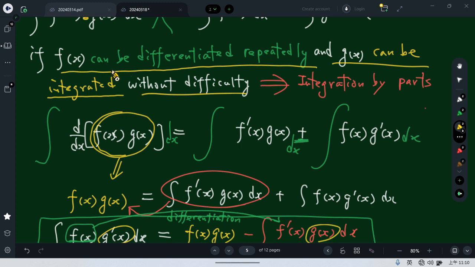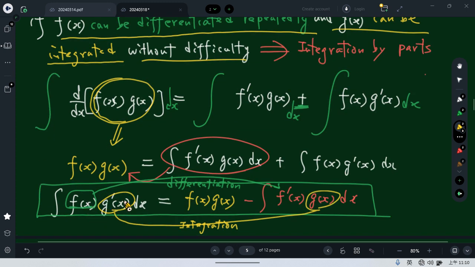So when these two terms come together, you need to make sure f of x can be differentiated repeatedly without difficulty, and that you have no problem integrating g of x, because you just change the integral form from this to this one.